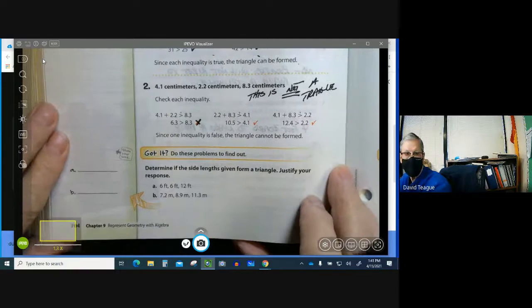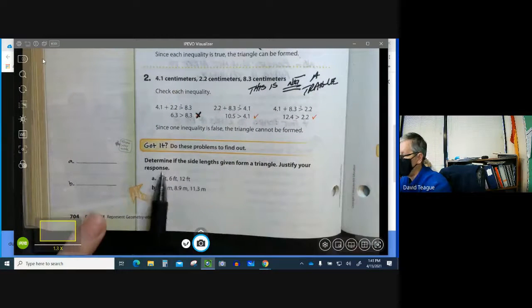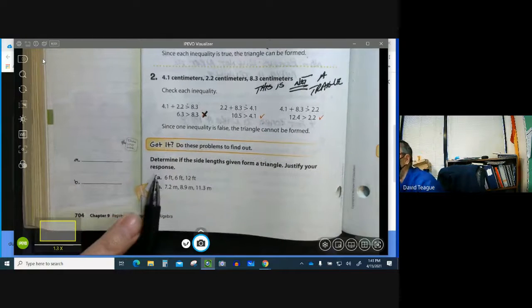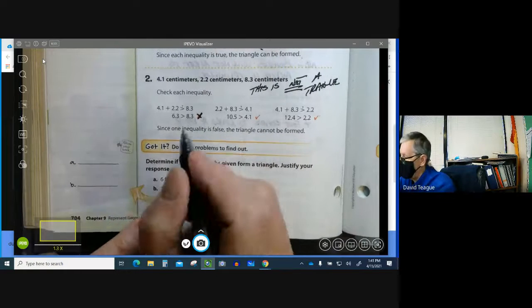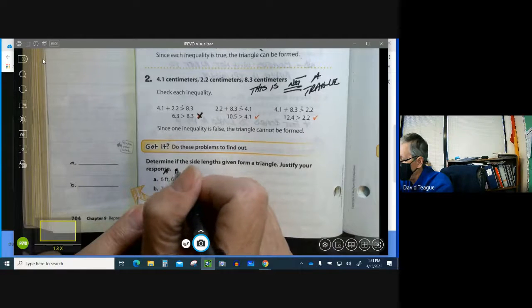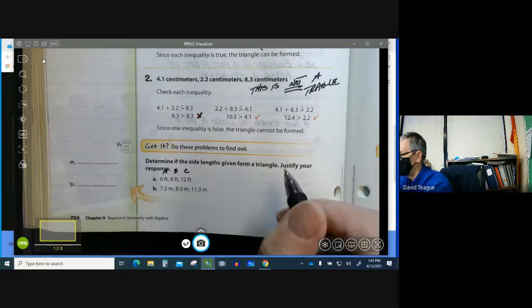Okay, so here at the bottom, it says determine if the side lengths given form a triangle and justify their response. So we have 3 different lengths here. We're going to call this A, this B, this C, right?